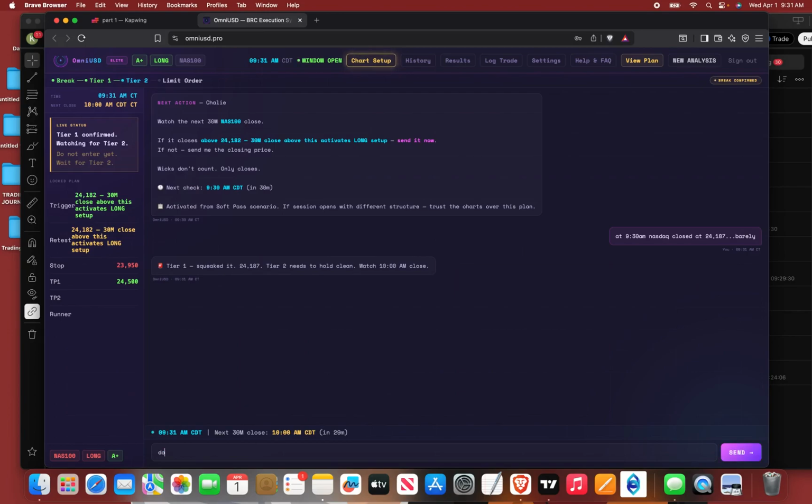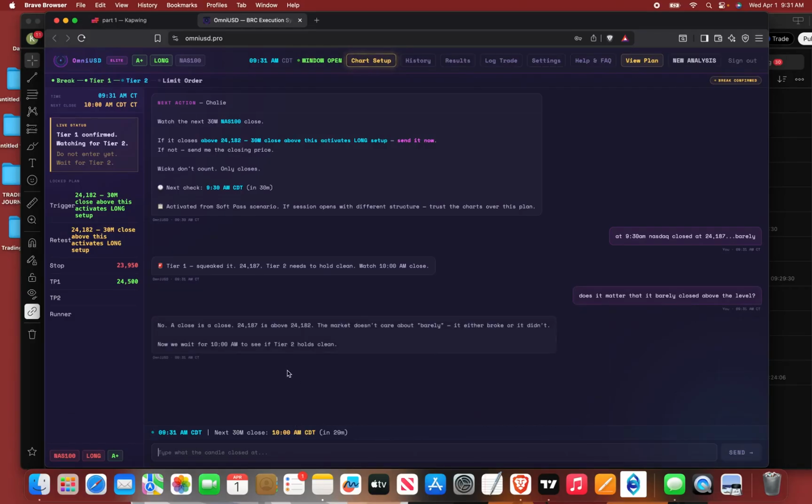Does it matter that it barely closed above the level? No. A close is a close. 24,187 is above 24,182. The market doesn't care about barely. It either broke it or it didn't. Good, let's go.